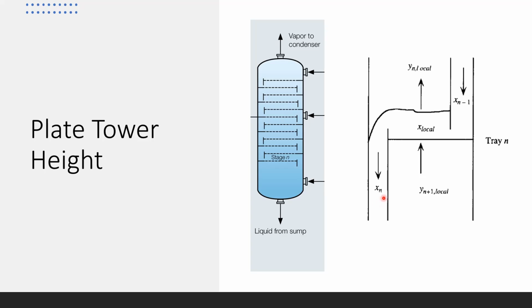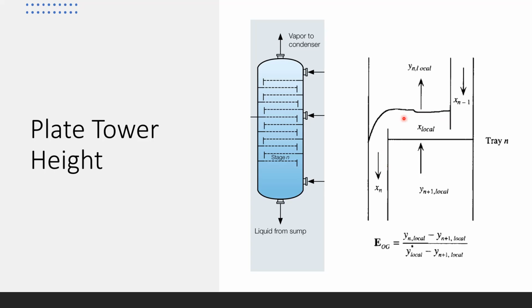So in this case, what we need to do is see how far we are from equilibrium, and this way we will be able to see the efficiency of each tray. The closer to equilibrium, the higher the efficiency of the tray.